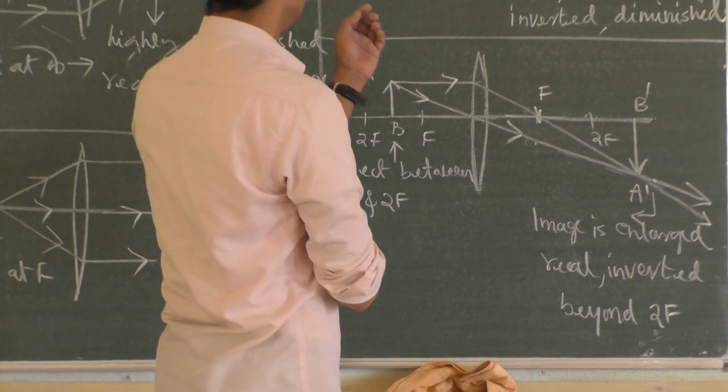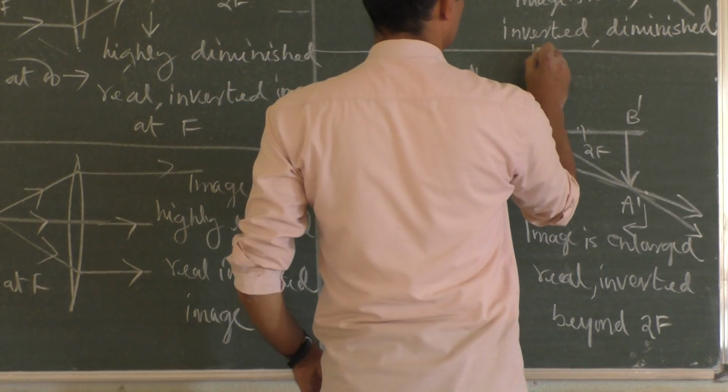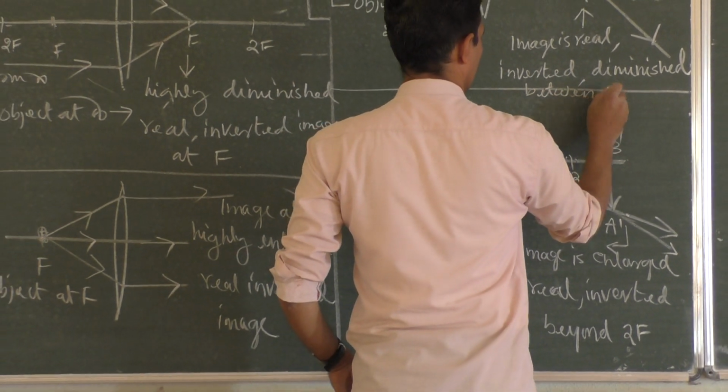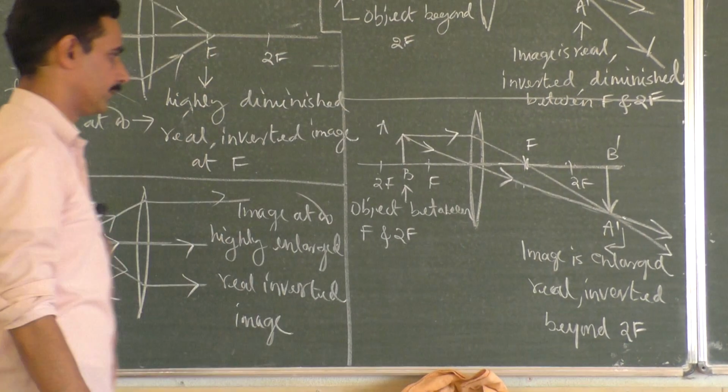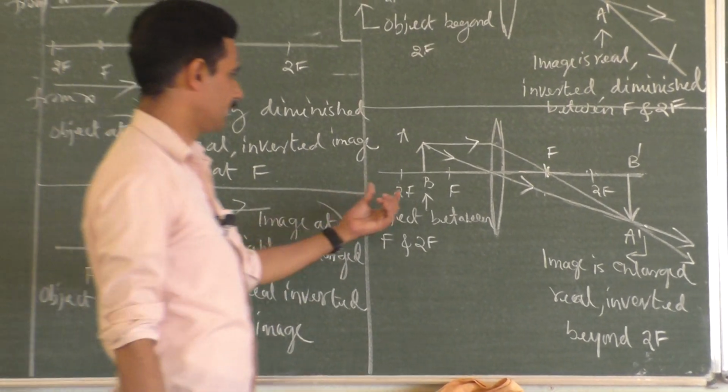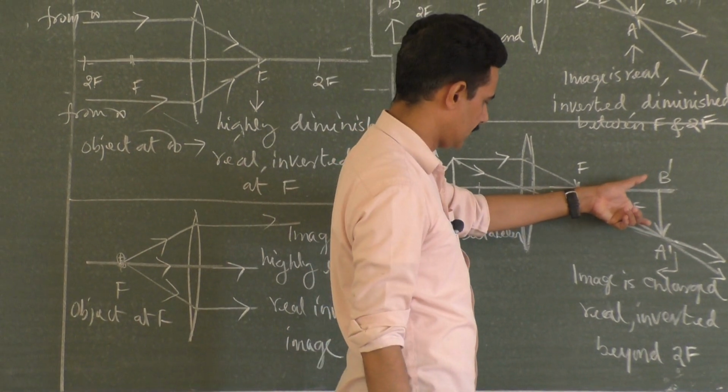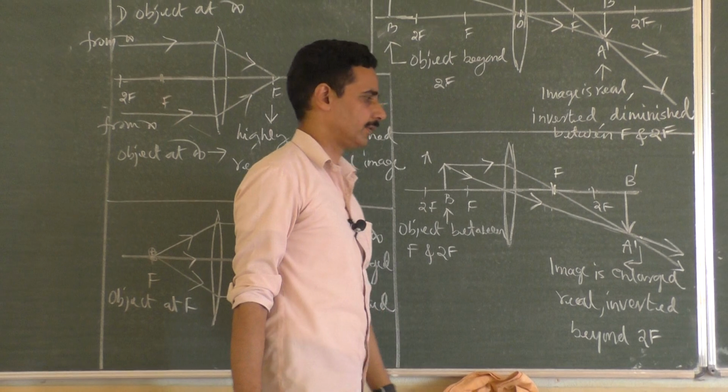So if you observe here, the object is between f and 2f, and here the image is beyond 2f. So when the object is between f and 2f, an enlarged, real and inverted image is formed beyond 2f.